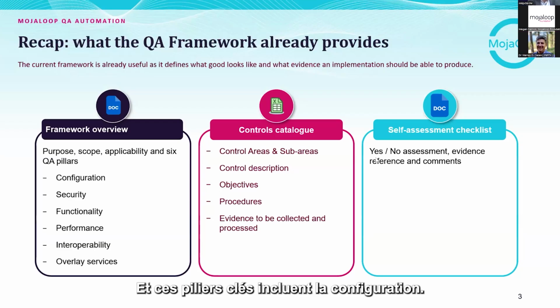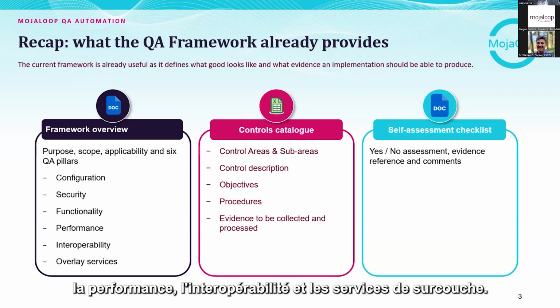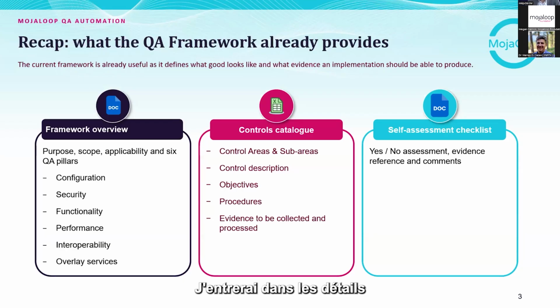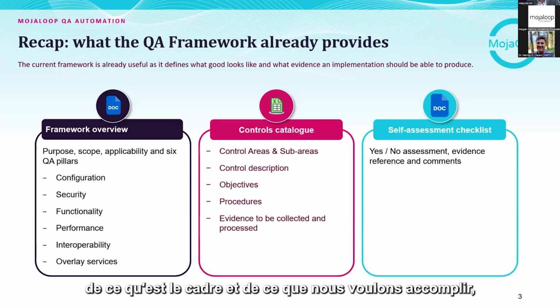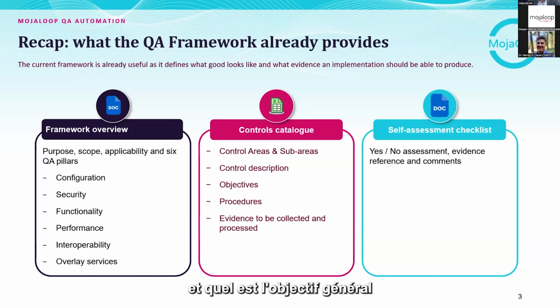And those QA pillars include configuration, I'll get into that shortly. It includes security, functionality, performance, interoperability, and overlay services. I'll get into the details of that in the next slide. So that document gives a high-level overview of what the framework is about, what we intend to achieve, and what the general purposes of the framework are.